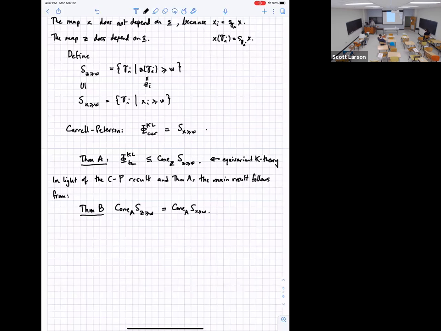Let me remark that in theorem B, this inclusion is immediate from what I just wrote down, because the Z set contains the X set. So the cone of the Z set contains the cone of the X set.